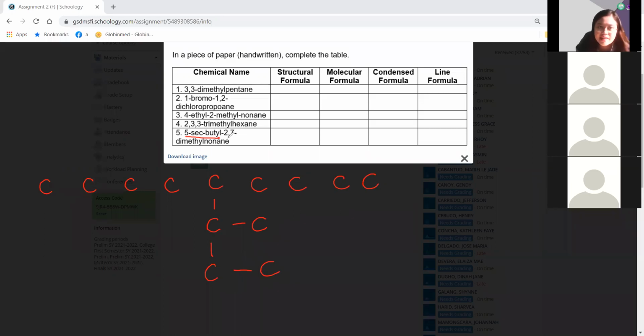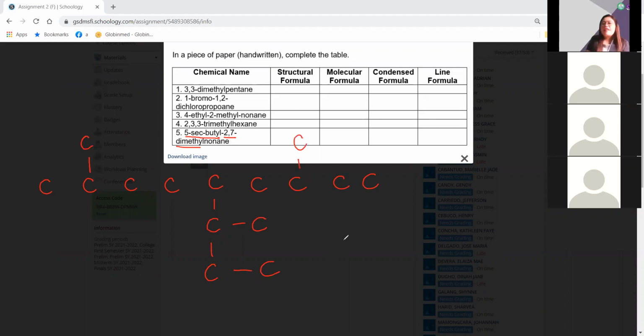And then the next substituents, we have 2,7-dimethyl. So meron tayong methyl, but the first methyl is bonded at the second carbon and then the other one is on the 7th. 1, 2, 3, 4, 5, 6, 7. So this one here. Sorry. Lagay ko na lang siya on top so that I'll be freeing space.